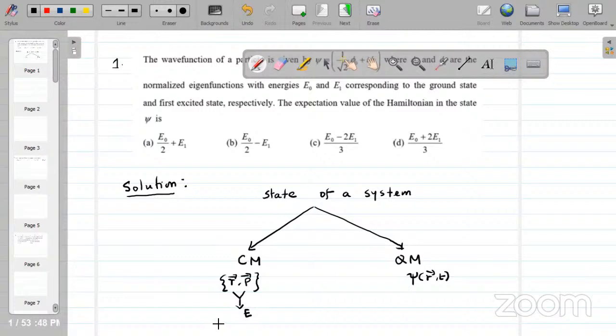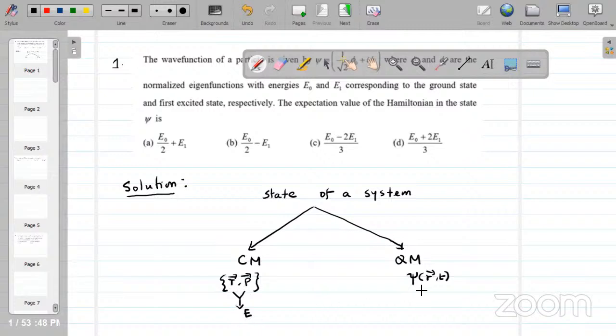Energy can be zero, for example if the momentum is zero and r is at the origin. But what I mean is, there always exists some value of energy for given r and p.